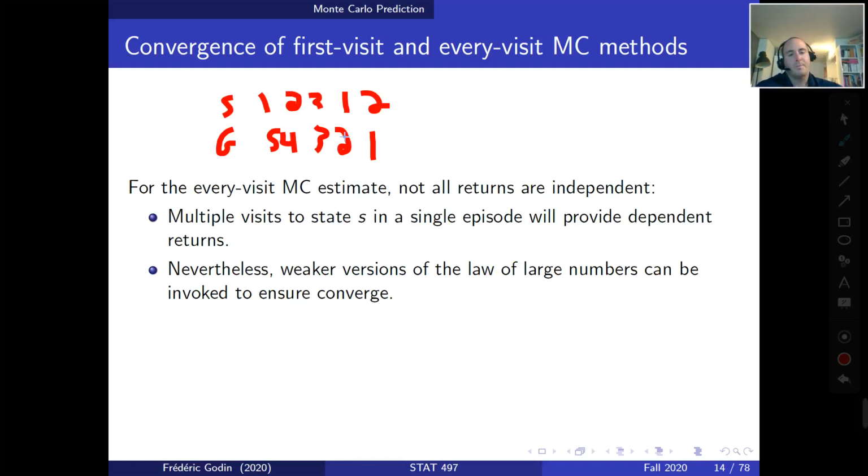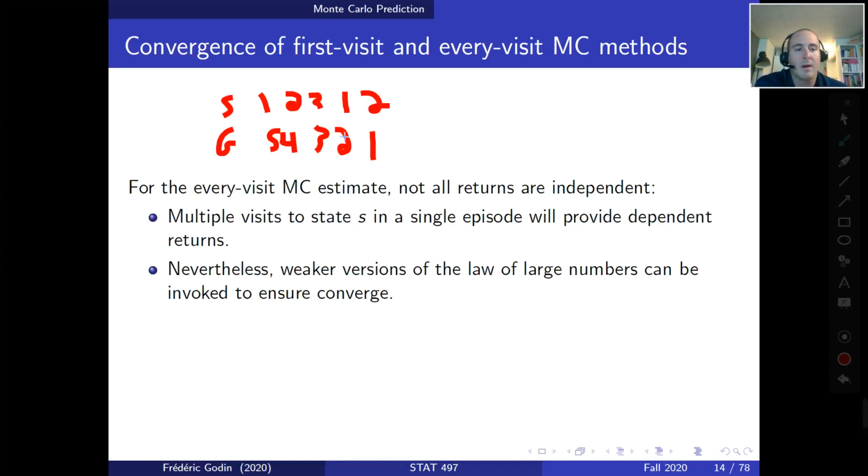Okay, so in that case, the return as an estimate of the mean is unbiased, but when you calculate your estimate, which involves averaging the returns, you have an average of variables that are not independent. Okay, so you do have some dependence in that case between the returns.